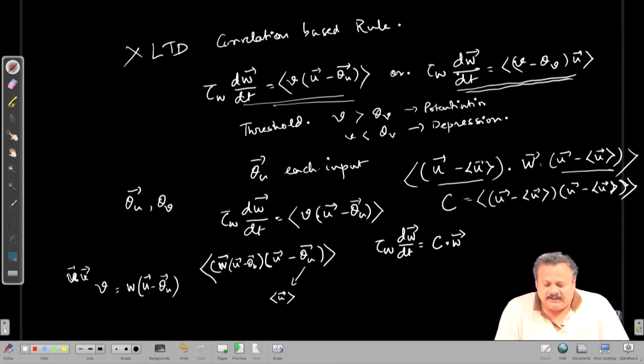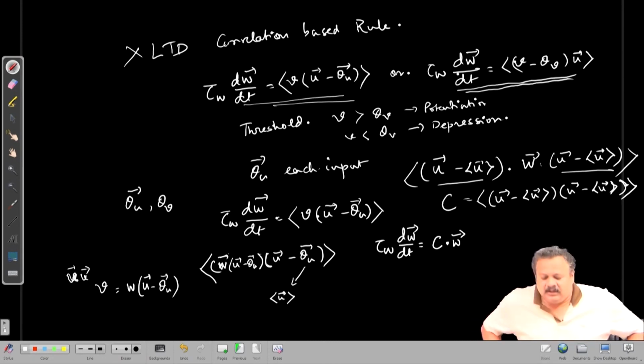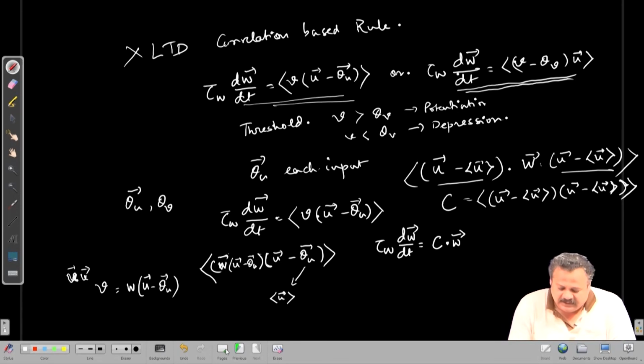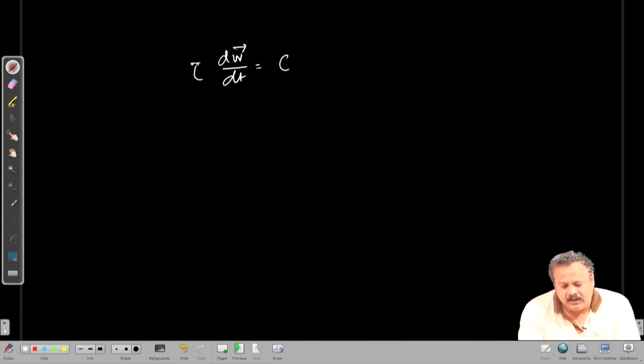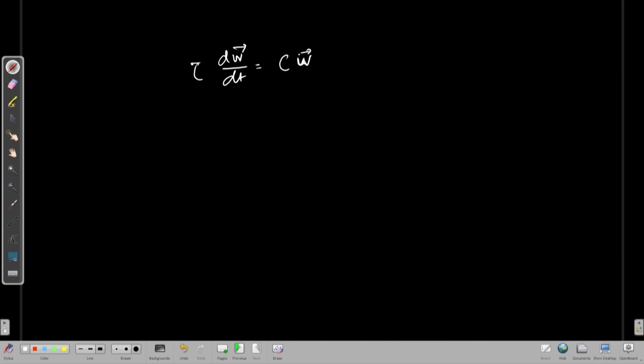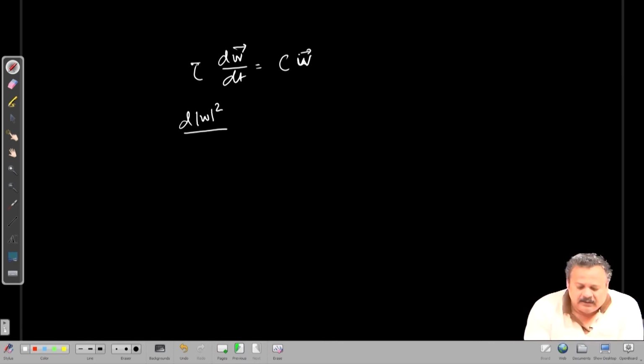the problem again is that the dw dt is always positive, and that makes this unstable. Why would we say that? That is because if we take this rule, tau dw dt equals C times w, let us consider how the norm of the weight changes with time.